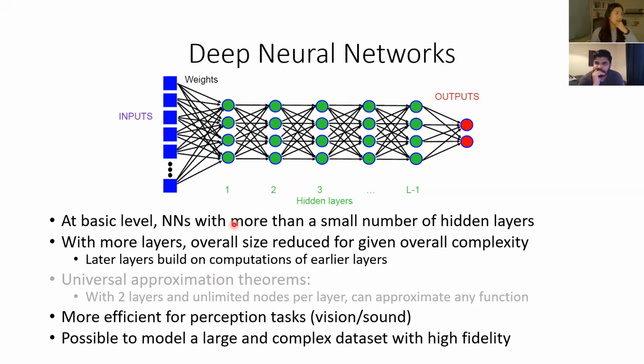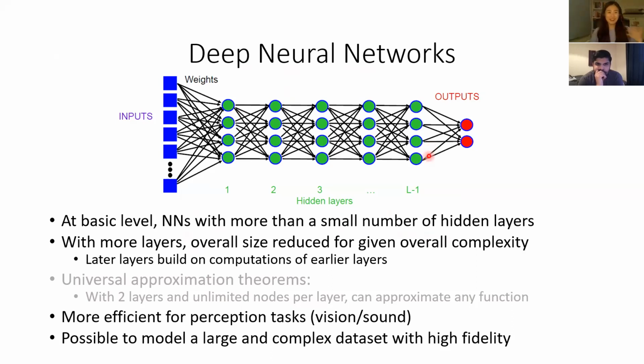Then what I learned was actually kind of funny, because they said the deep neural net is actually just a neural net. We just covered the feedforward neural net with more than a small number of hidden layers. So if you have really many layers, we just say deep neural net. I was like, okay, good stuff.